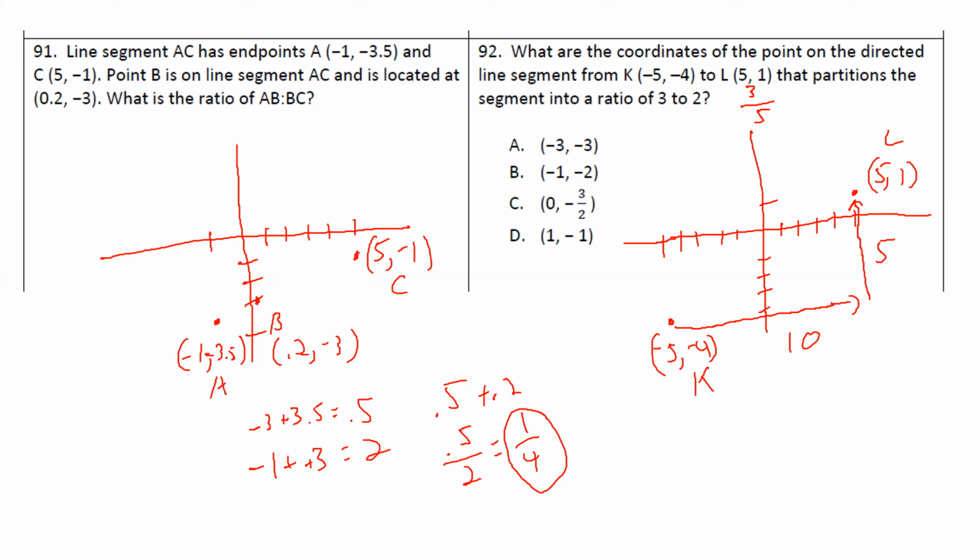So we have a Y value of -1. And then for the one going 10, if we double that, that'd be 6 out of 10. So go 6 units over from the first one. -5 plus 6, that's +1. So our point should be at 1, -1, which is D.